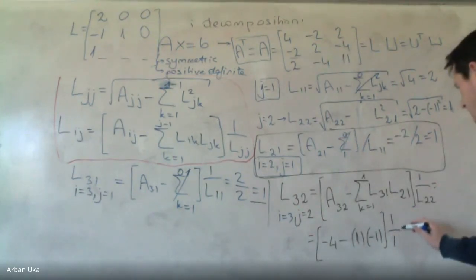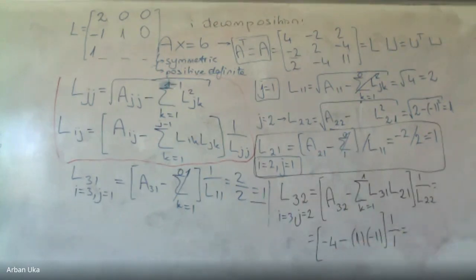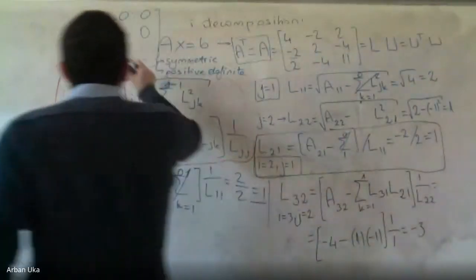L22 is 1, so this whole thing is minus 4 plus 1, we get minus 3. So we get here minus 3.